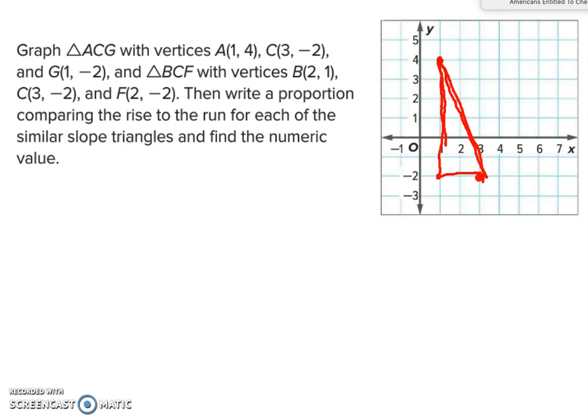Okay, it's a little terrible, that's okay. Alright, and then BCF with the vertices 2, 1. So 2, 1 goes here, which would be on that line. 3, negative 2, and 2, negative 2.